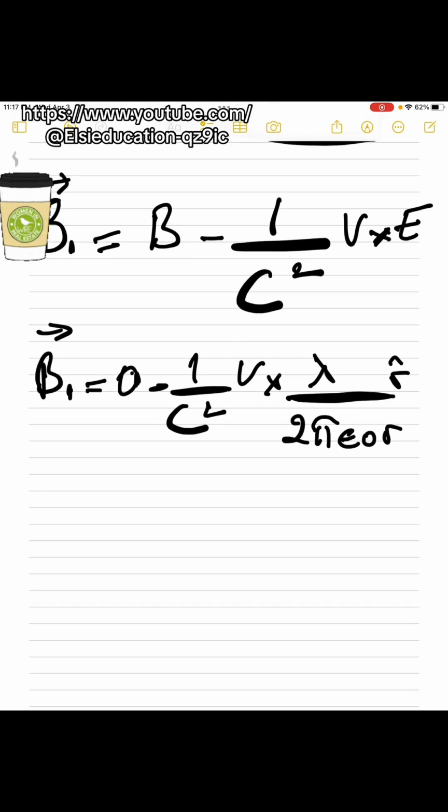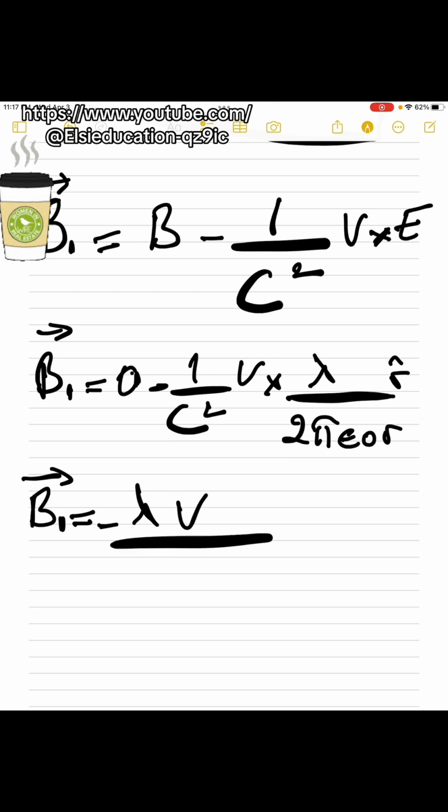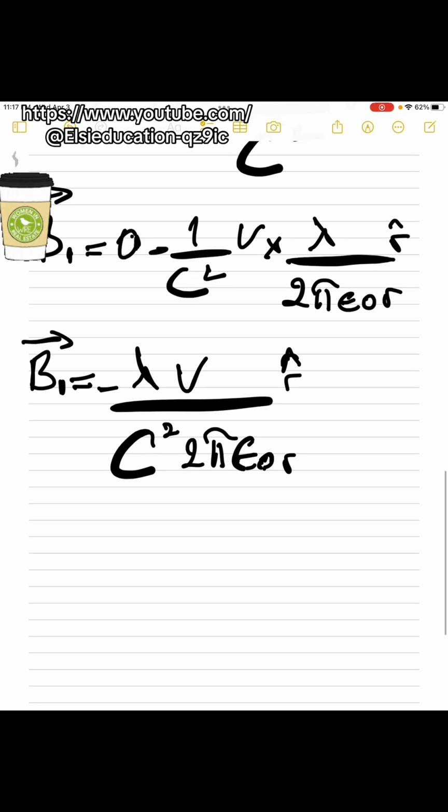This gives us the field in the reference frame of the loop: linear density multiplied by the speed divided by c squared 2 pi constant, divided by the radius multiplied by the distance.